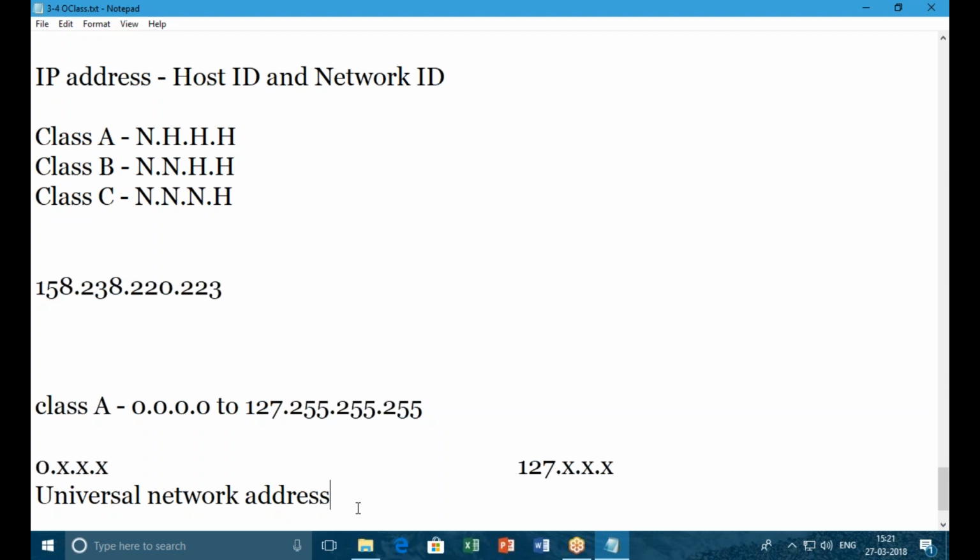It is used for basic troubleshooting when we are checking the connectivity between two devices, to check whether your Ethernet adapter or slot is working or not.